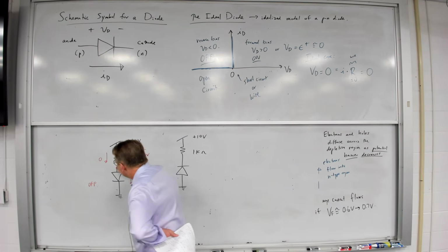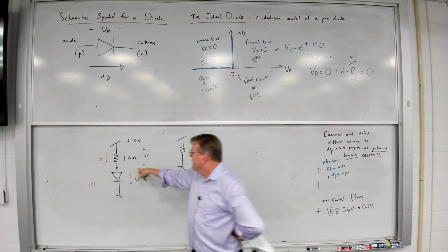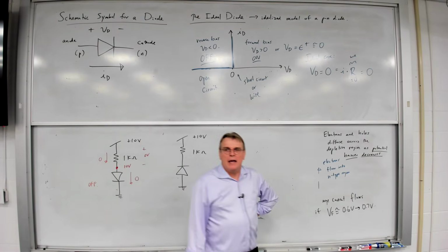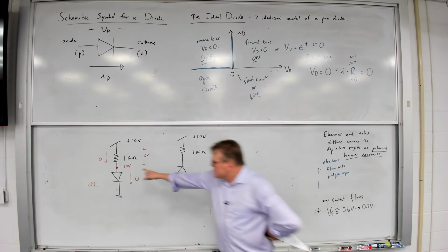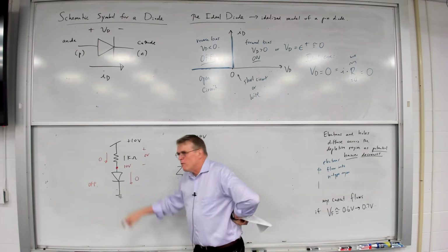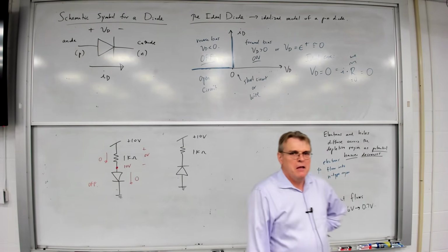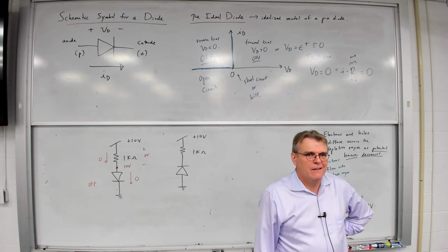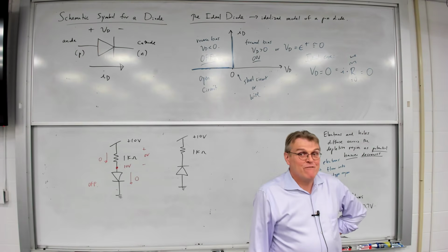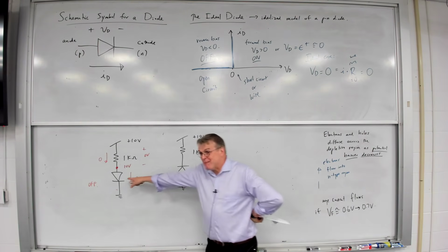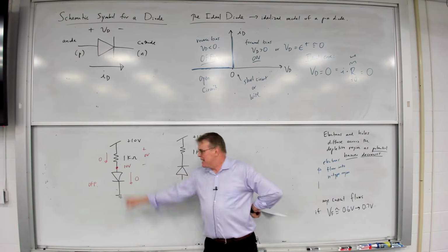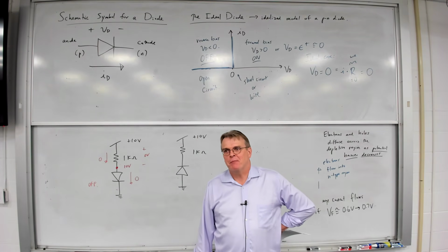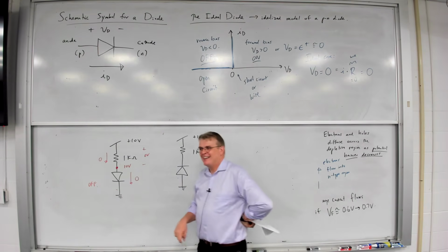What is the voltage at that node? 10 volts. I have 10 volts on the anode and 0 volts on the cathode. Is that diode reverse biased or is it forward biased? It's forward biased by 10 volts. Does that make sense for the ideal diode model? No, this is contradictory. Your guess is wrong.